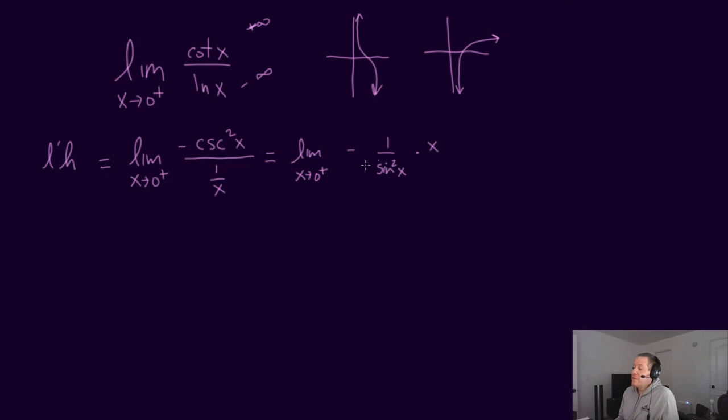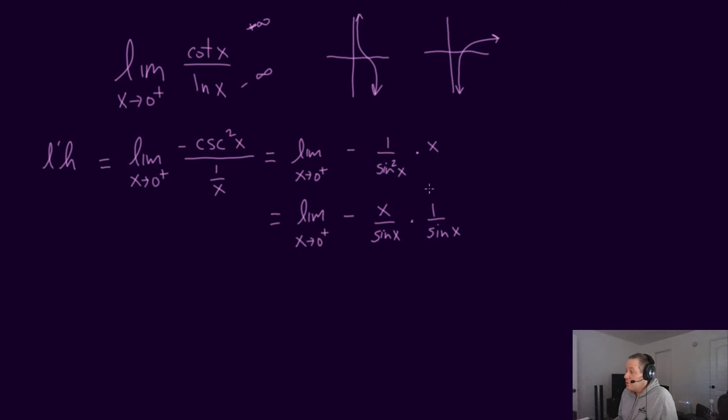So now this is the same expression with a little bit of algebraic manipulation. And in fact, I'm going to manipulate it just a little bit more and say this is the same as the limit as x approaches 0 plus of negative x over sine x multiplied by 1 over sine x.